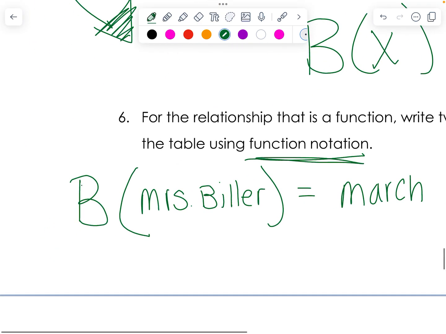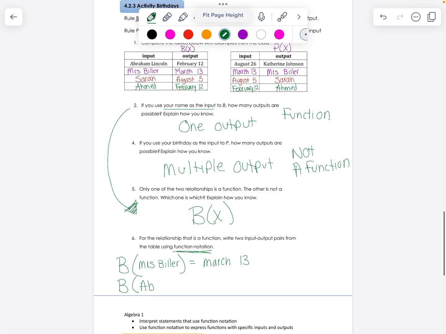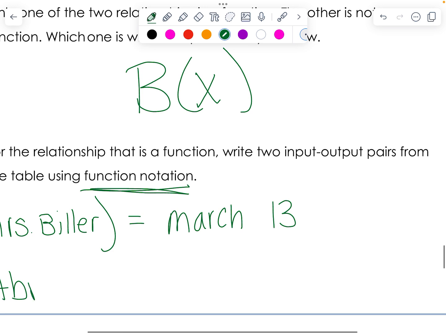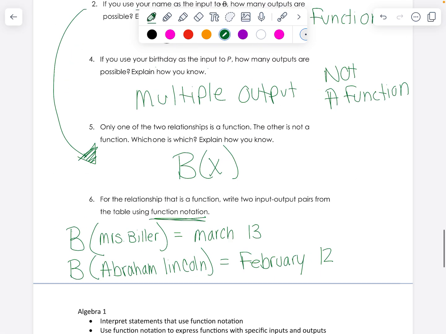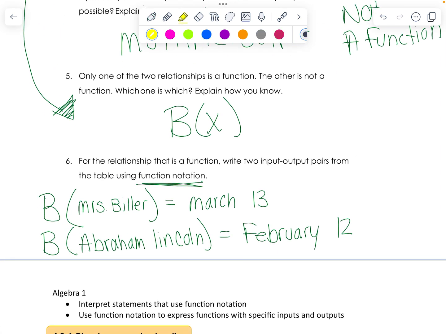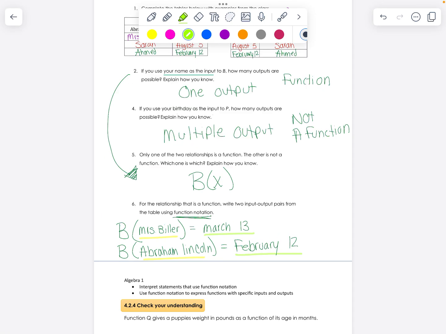We could do Abraham Lincoln because everyone will have that one. Abraham, and his birthday was February 12th, or that was his output. So again, the input goes inside the parenthesis. The output is what that function notation equals.